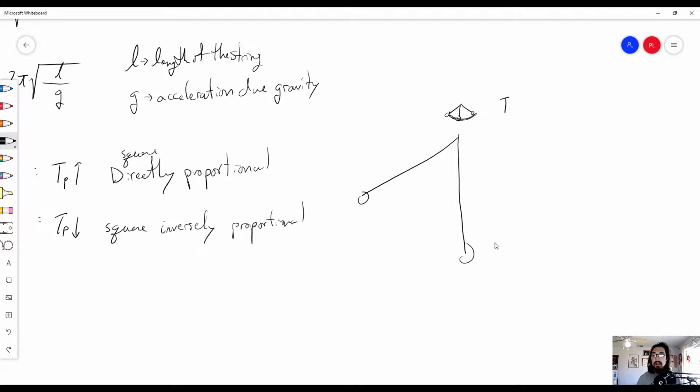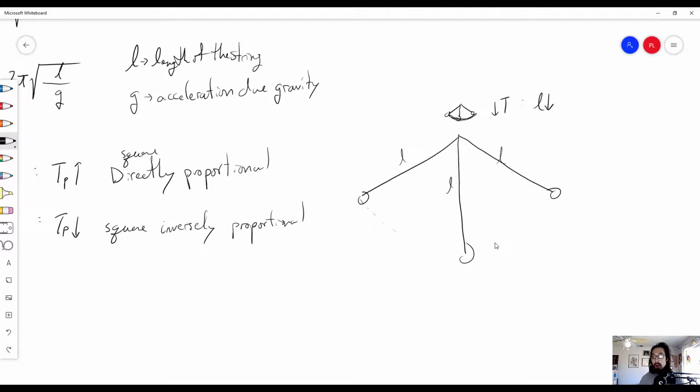Because we say that the two are square proportional. If the length is small, then the period it takes is small, because it takes a fast amount of time. It doesn't take much time at all. But if we compare that to if we increase the length of the string, we make this string super long.